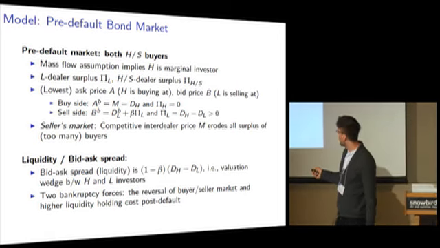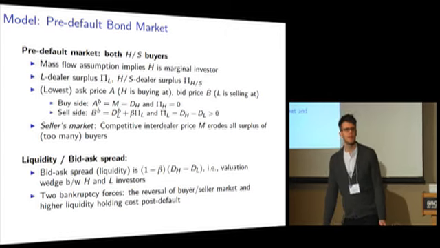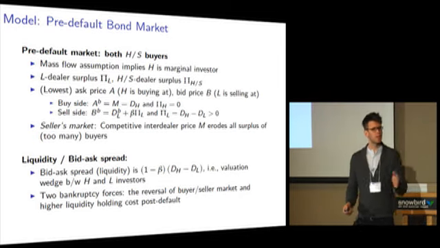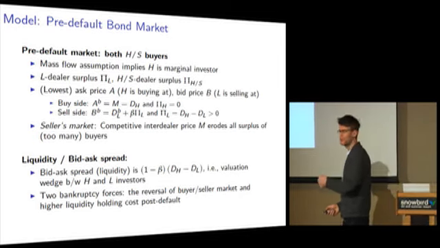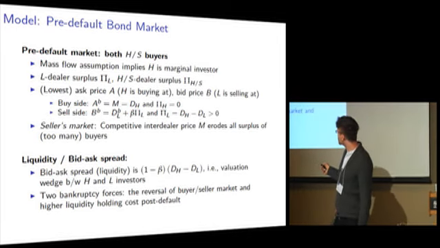And so what we have now is that the competitive interdealer price essentially erodes all the surplus that goes to the buy side. There's too many buyers out there, so the interdealer price is going to adjust in such a way that there's no surplus left to the buyers. The sell side now, because it's scarce, is able to extract some surplus.